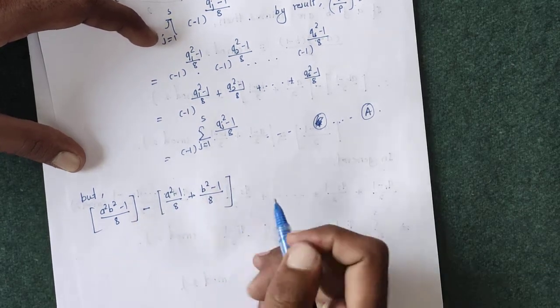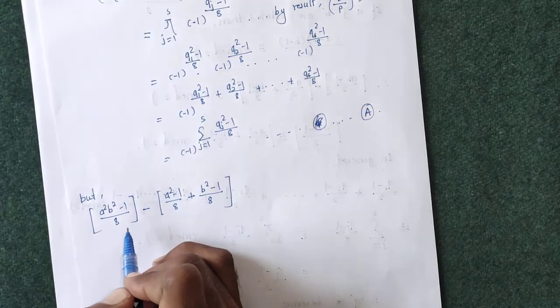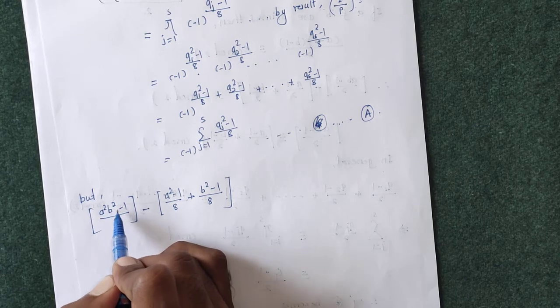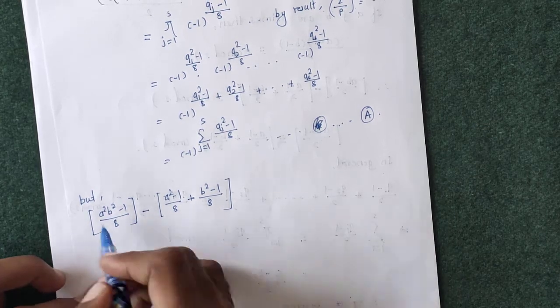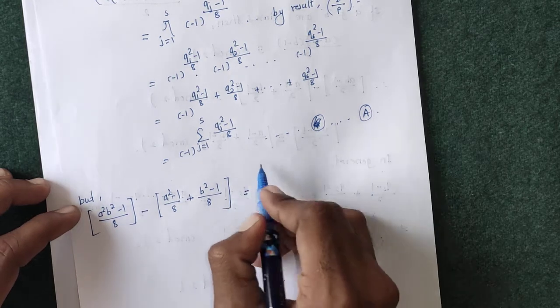We are going to prove another result, but there the numbers are a b minus 1 by 2, and here a square b square minus 1 by 8. So, this thing must be in your mind.